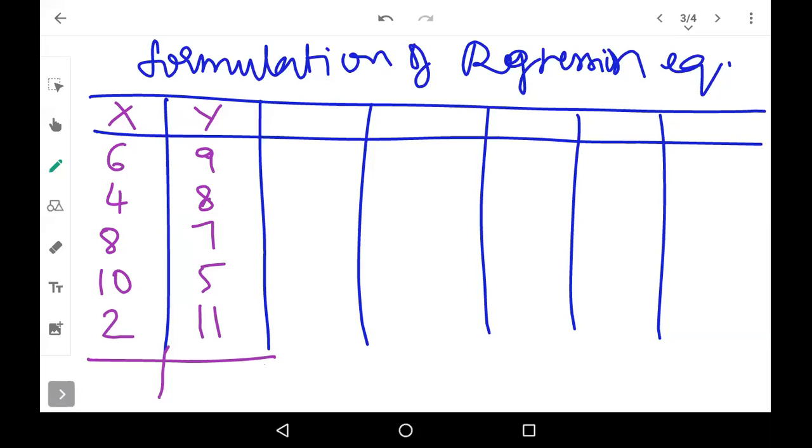Total of x, how much do you get? 8, 20, 30. Yes, you get 30 here. So this will be sigma x, which is 30. Now total y.